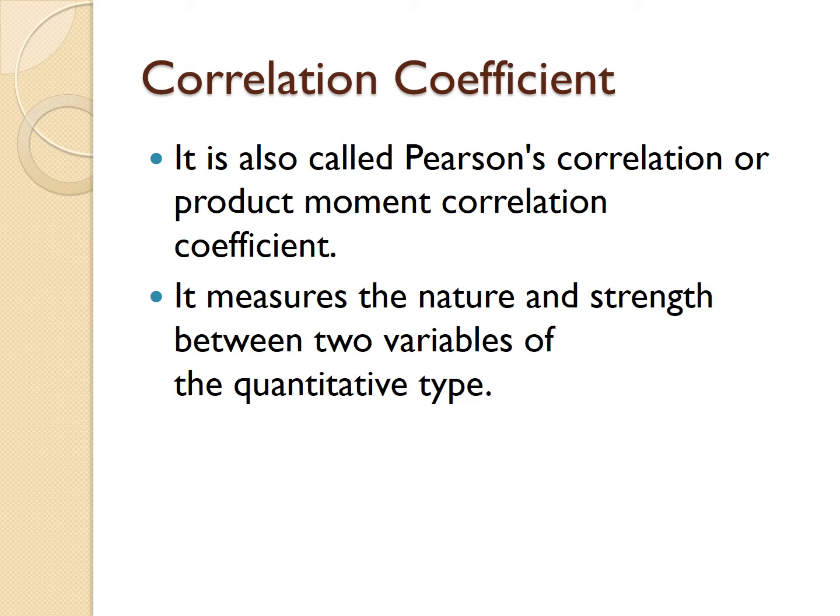Correlation coefficient, which is also often called Pearson's correlation or product moment correlation coefficient, measures the nature and strengths between two variables of quantitative type. It's similar to scatter plots, but correlation coefficient presents the relationship between the variables quantitatively.